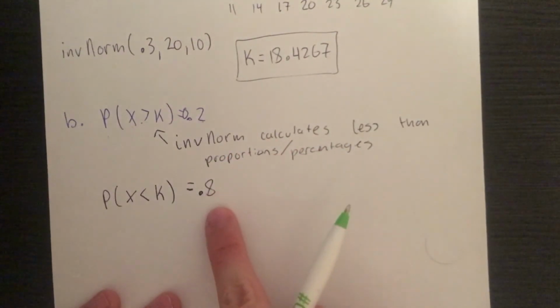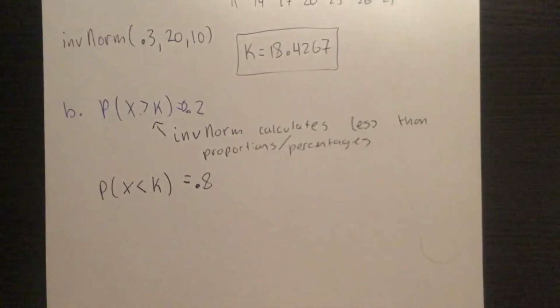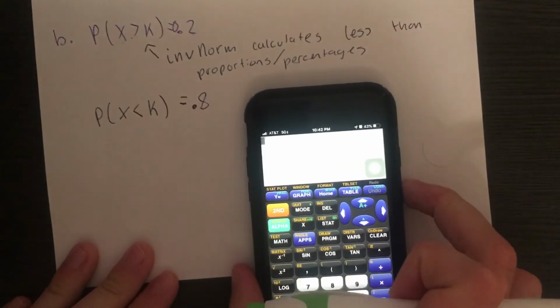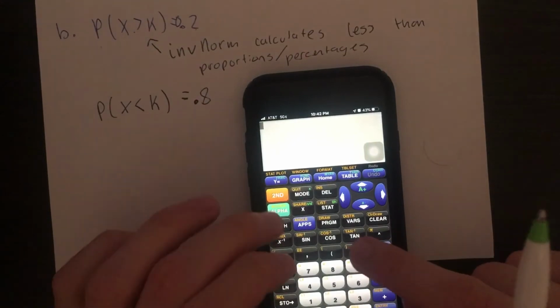And this is the fact that I'm going to use because the calculator I'm utilizing can only do less thans. So I'm not sure exactly which ones can do which. I haven't had a chance to look into that a ton, but we can talk about that a little bit more as we run into that issue.